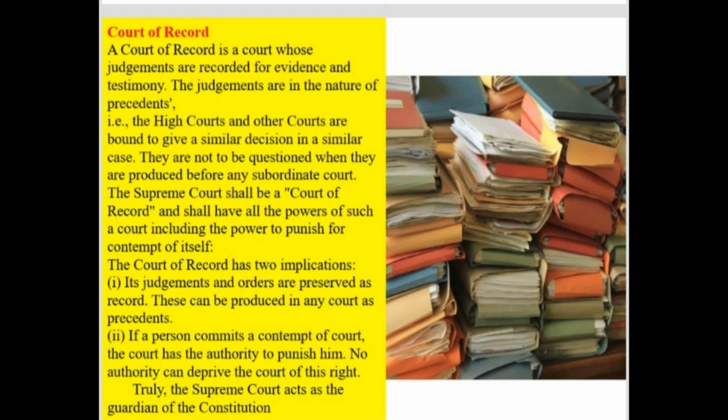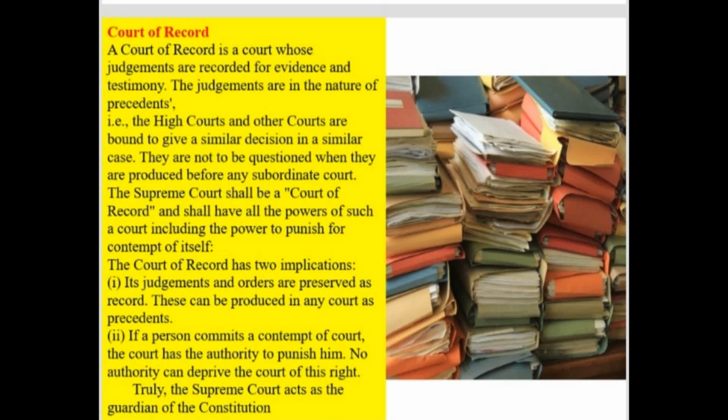If anybody brings a similar judgment to the High Court's notice, saying the Supreme Court has given this kind of judgment and asking why don't you follow it, the lower court cannot question it, and nobody can question the citing of such Supreme Court judgments in the lower courts. The Supreme Court has all the powers to punish people if they go against its judgments.